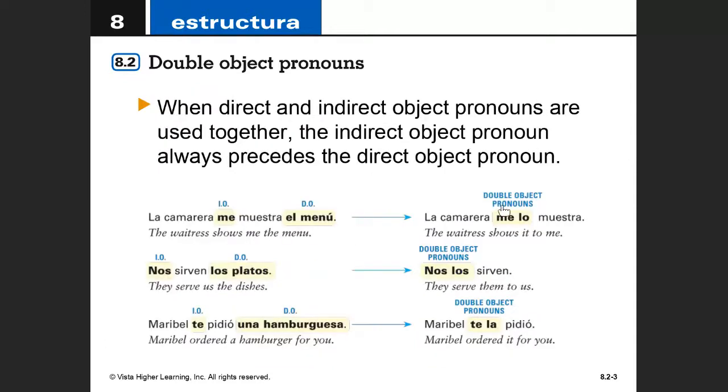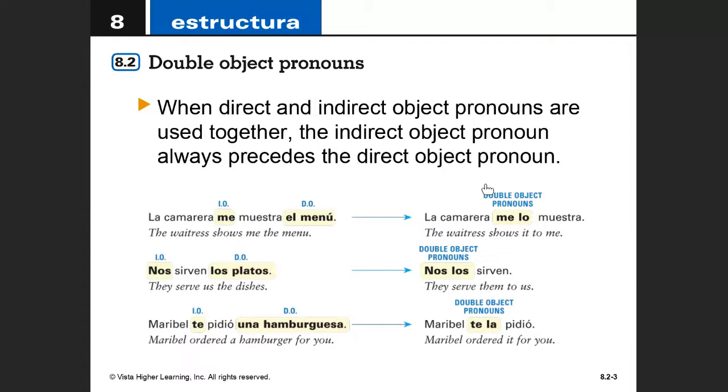Ok, vamos a la siguiente tabla. We have some examples over here. And just like I mentioned before, whenever we use them together, the indirect object pronoun will always precede the direct object pronoun. Okay? So keep an eye on that. That will go in front.